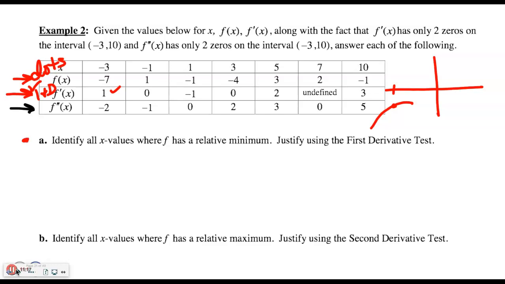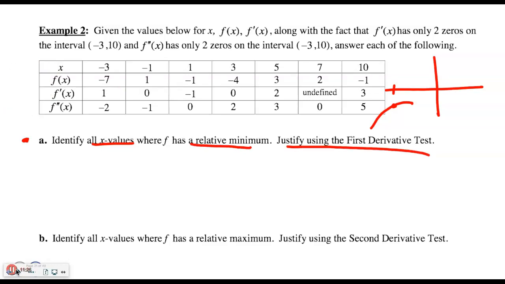Part A says identify all x values where there's a relative minimum using the first derivative test. So for the first derivative test, I'm looking for critical values. There's one. There's one. And then Ben might say, well, how do you know that this didn't go down to -2 and then up to 5 and down to -9 and totally oscillate back and forth between these two?